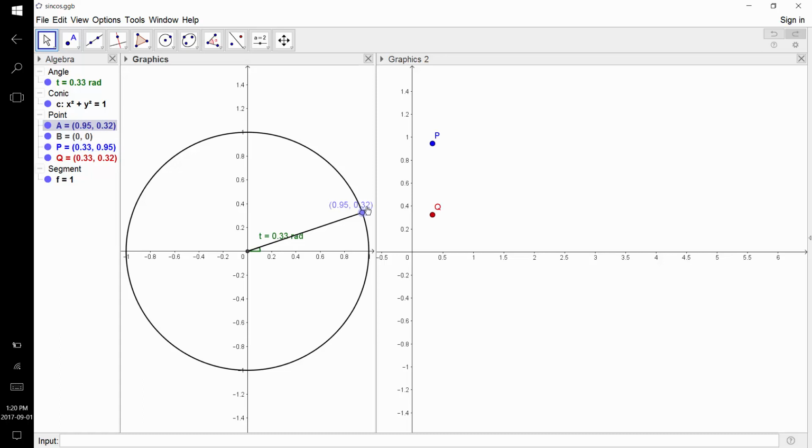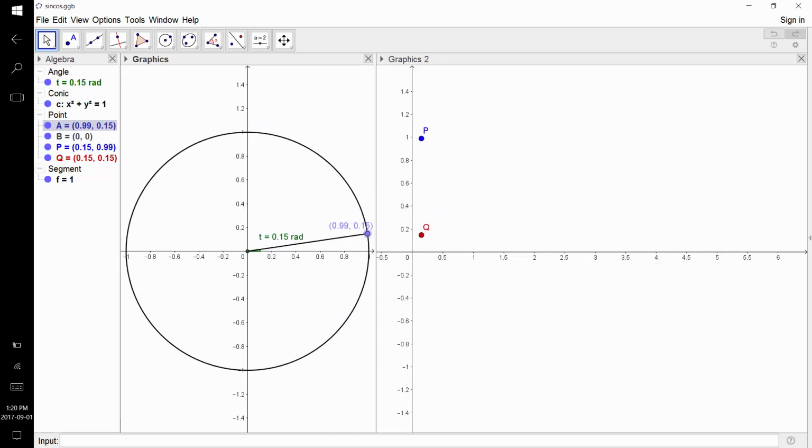And the y-coordinate, 0.32 for this point on the unit circle, becomes the y-coordinate for this point Q, sitting right here. So you can move this point around, and watch P and Q and see what they do as I move the point around the circle. They move around.